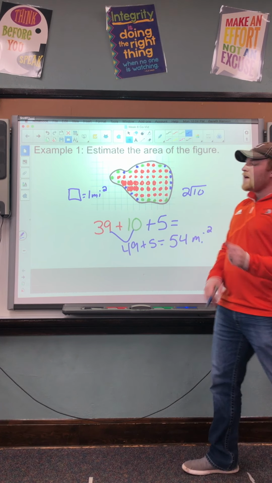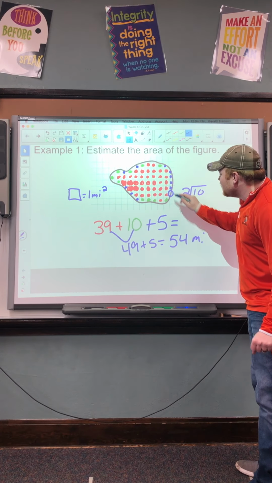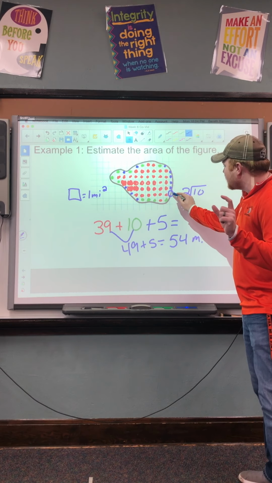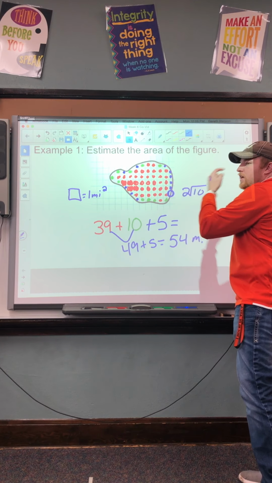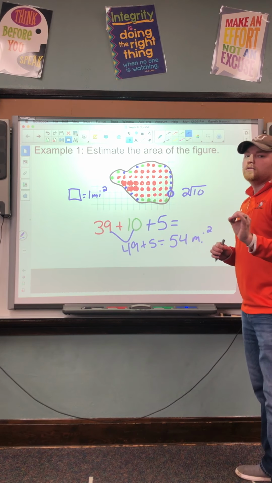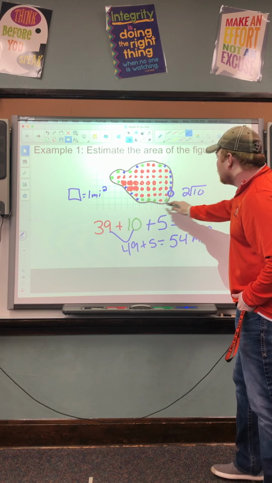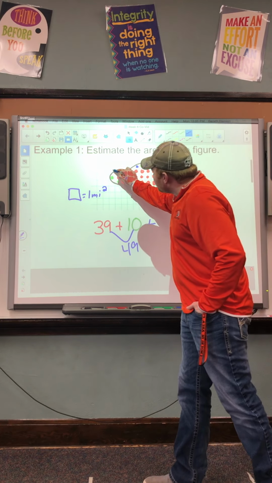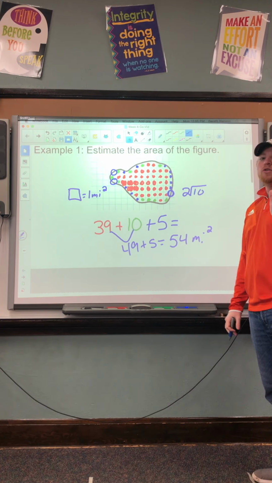Now, if you have a square that is just a sliver, like right here, where the figure takes up only a quarter of the square, don't count that. Leave them blank. That was about the only one, and up here too, right there and right here. Just a little sliver. Don't count those quarter squares.